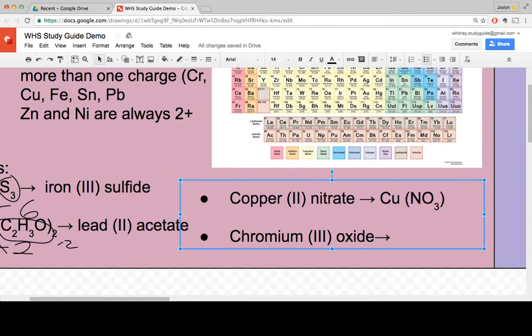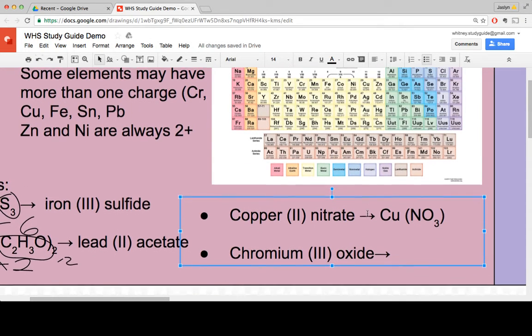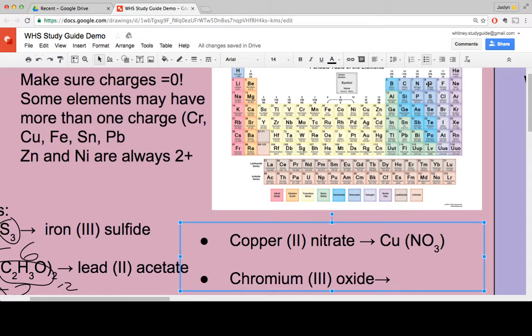So then now we have chromium 3 oxide. And we're going to do that with, so we know that 1 chromium is 3. And then oxide, we could just see here, is -2.